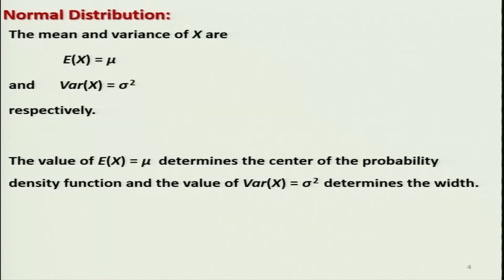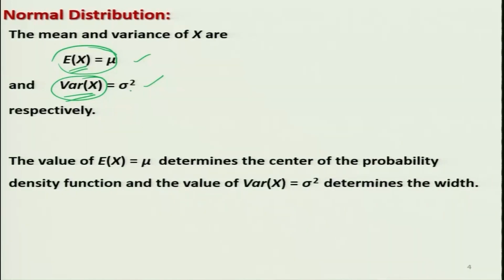Now, if you do a small algebra, that is not difficult at all, that is my promise to you, you can find the mean value of x and the variance of x. They come out to be mu and sigma square. So, the parameter mu involved in the PDF of a normal distribution gives us an idea about the mean value of the distribution, and sigma square is the variance of x.